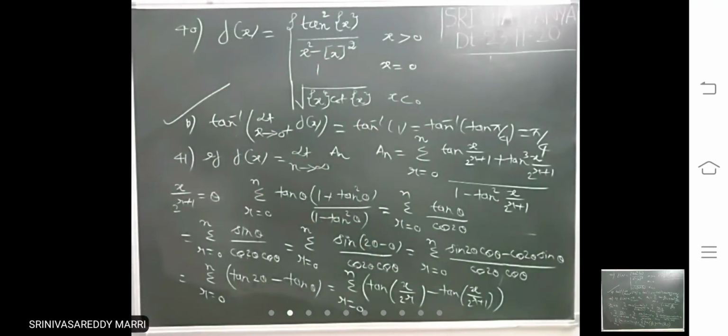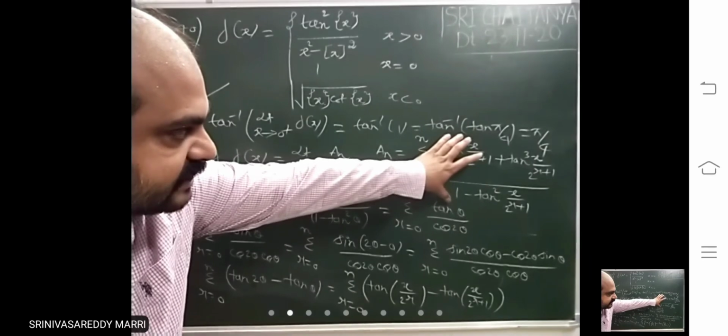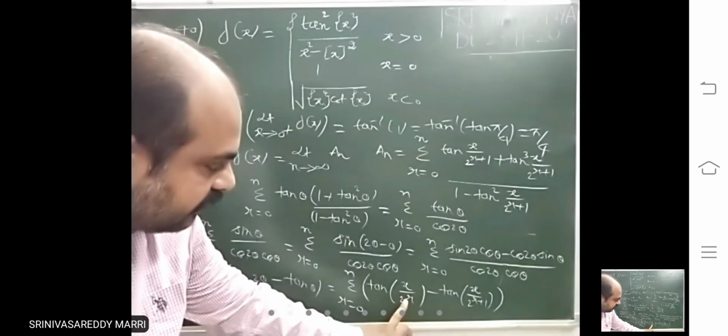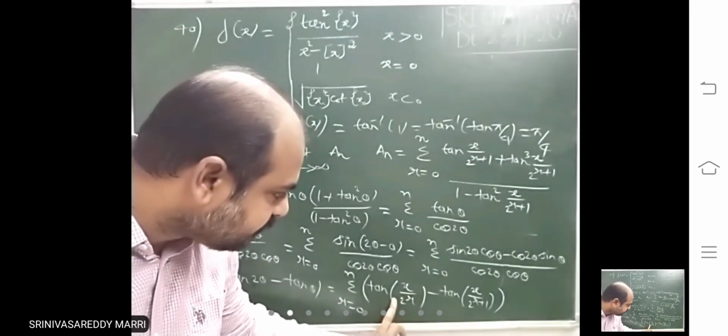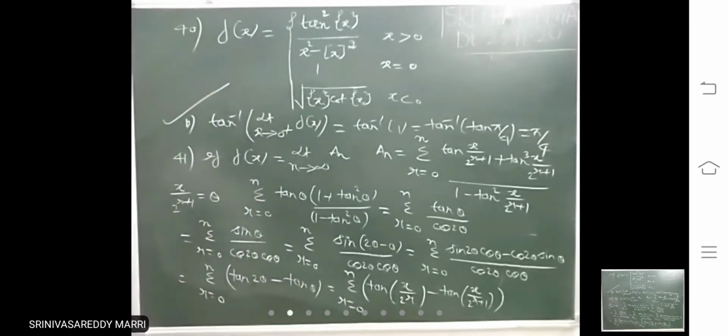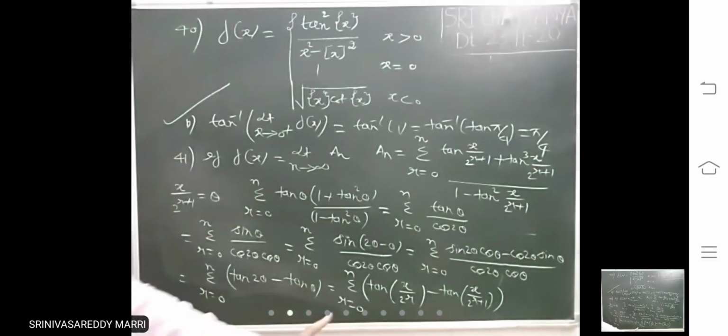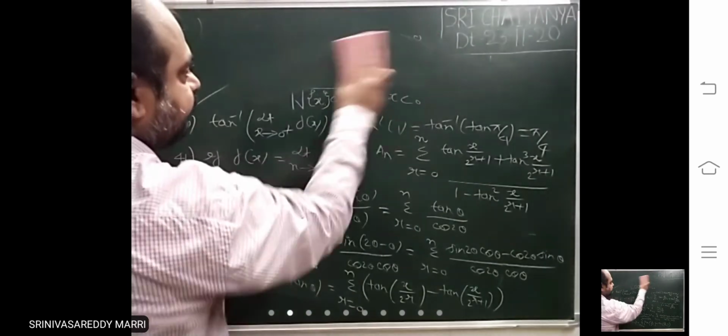First I have simplified this expression into one tan of one angle minus tan of another angle. Now I want to expand from 0 to n, substituting r equals 0 to n and expanding sigma.